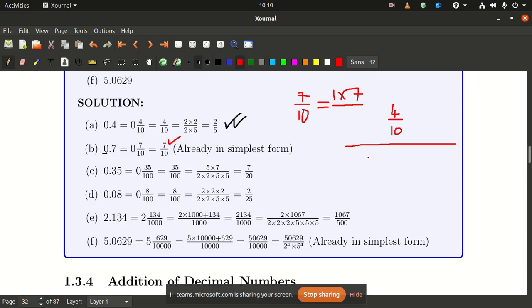And you have a 0.4 and you have 0.40. I want you to get this.